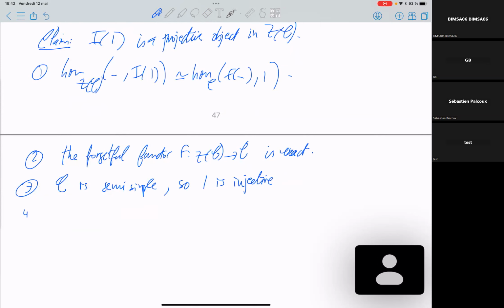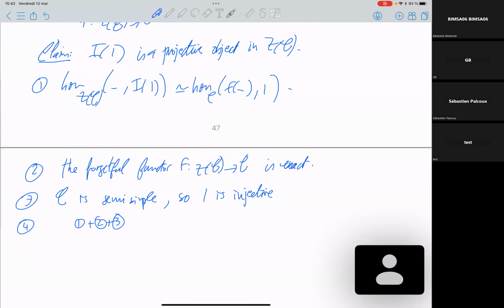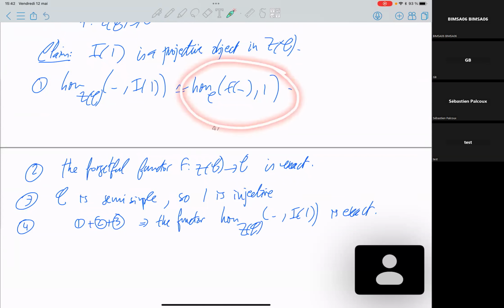Then, if you apply 1 plus 2 plus 3, you get that the functor like that is exact, because 1 is injective, so this is exact, and the functor F is exact.